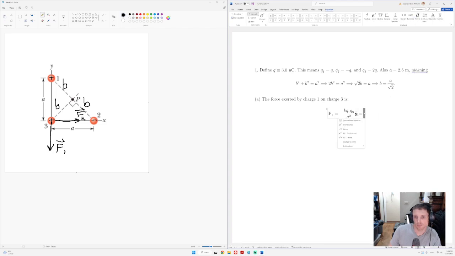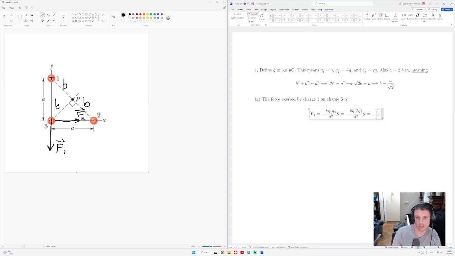There we go. And then what we can do is plug in some stuff, right? Because we know that Q1 is just Q as we've defined it, and Q3 is just 2Q. A squared is just A squared. And then this still points in the y hat direction. Let's just do that. And then we can write it one more time.